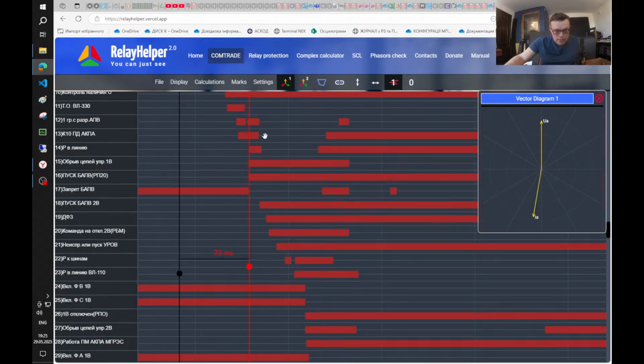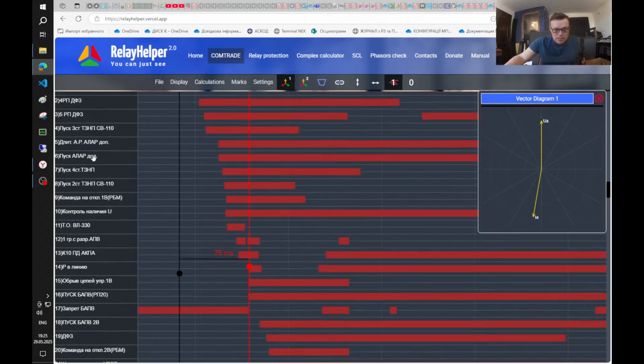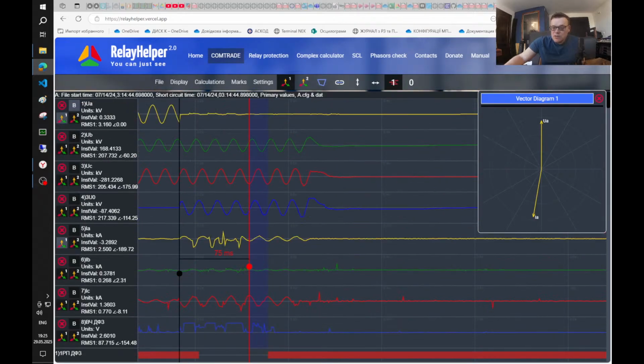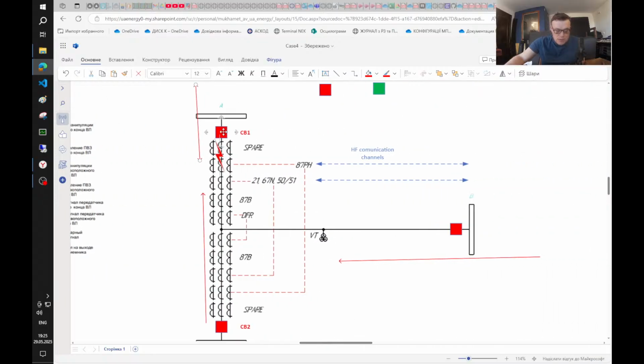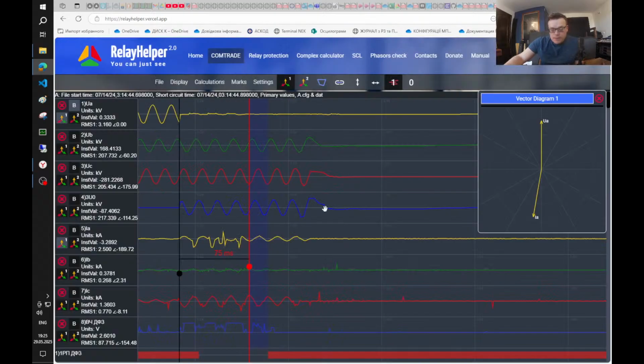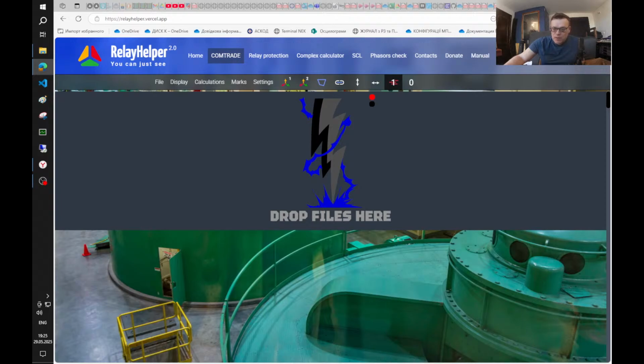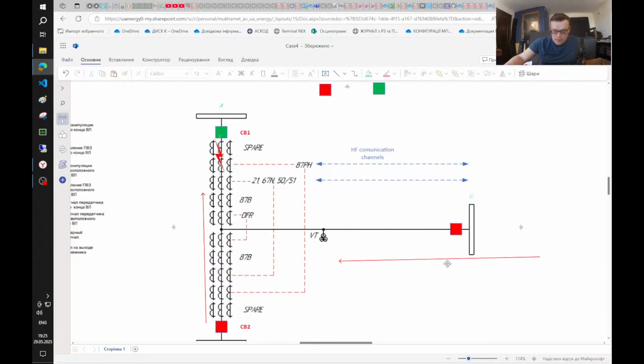Okay, this signal shows that the first CB was opened by bus bar protection, and from that point we can see only these two currents.